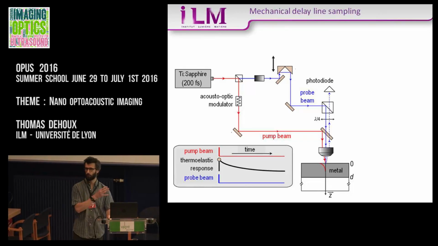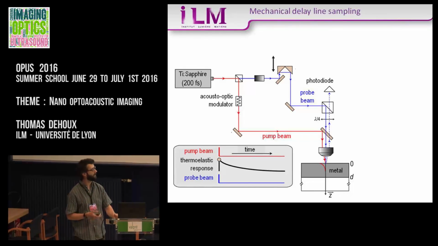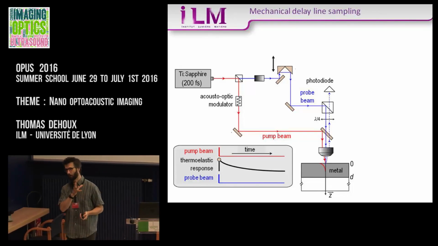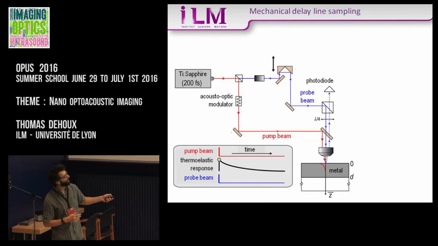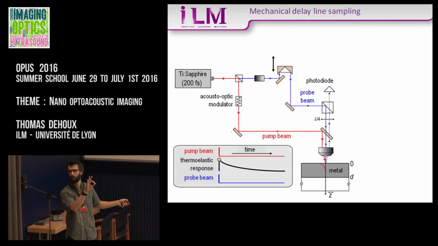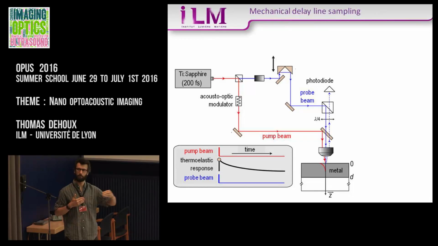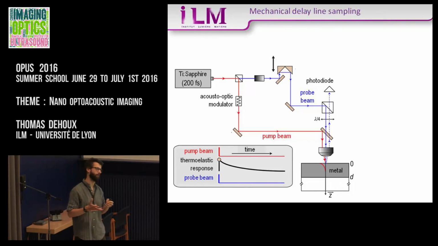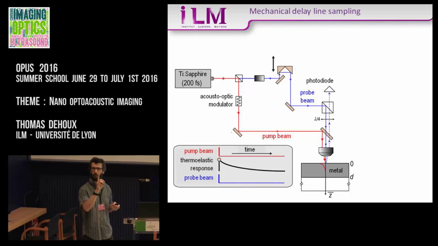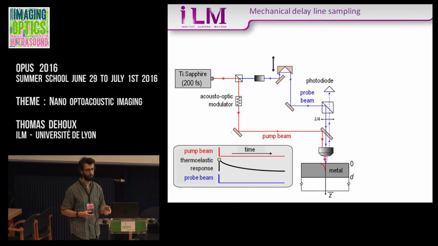You get a very high time resolution, obviously, the resolution of the laser pulse, but it's very time consuming. Typically, if I'm honest, to get a complete signal at one point with this technique, you need to scan the mirrors over several meters, and it takes about 1 hour just to get one point with enough signal to noise ratio.